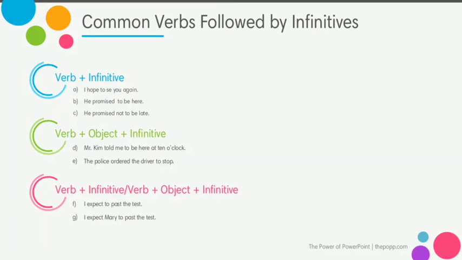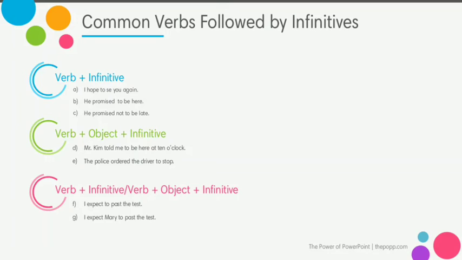Okay, the last is verb plus infinitive or verb plus object plus infinitive. For example, I expect to pass the test. And I expect Mary to pass the test. Some verbs have two patterns: verb plus infinitive, as in example H, and verb plus object plus infinitive, as in example I. In example H, I think I will pass the test.